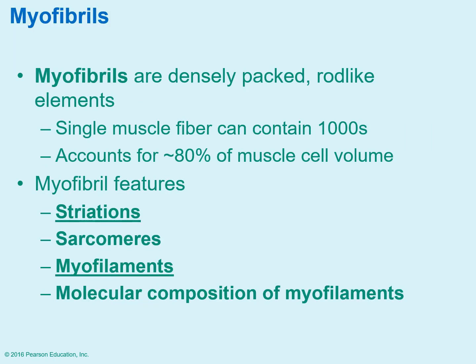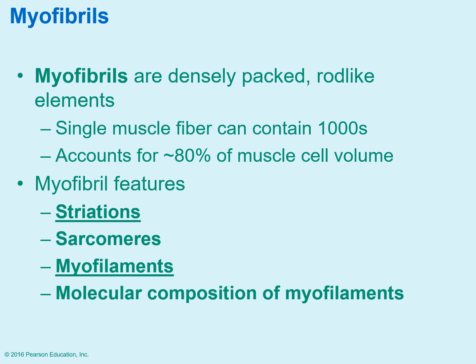So we look at the myofibrils. A single muscle fiber can literally contain thousands of these. It's what most of the muscle cell is made up of. It has different features to it. It's because of the myofibrils that you see the striations, that striping pattern.